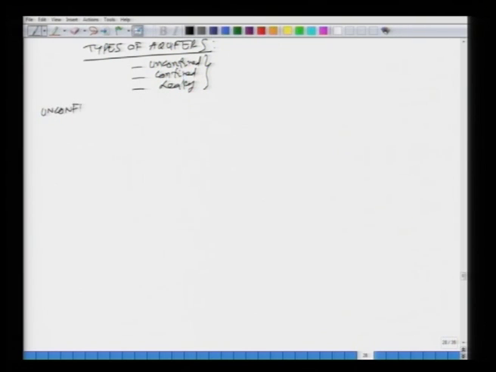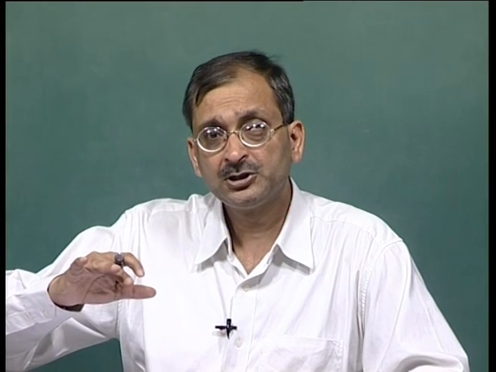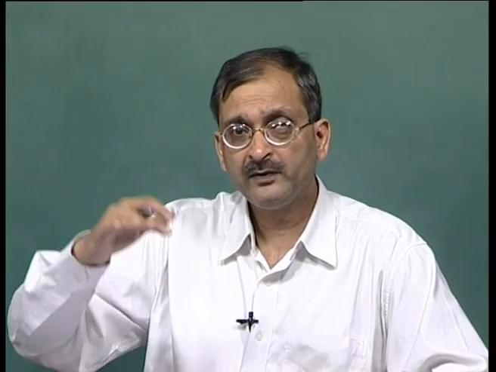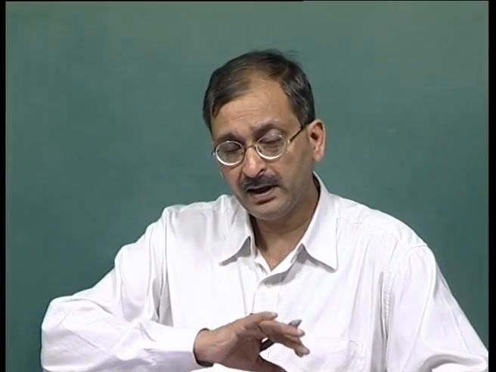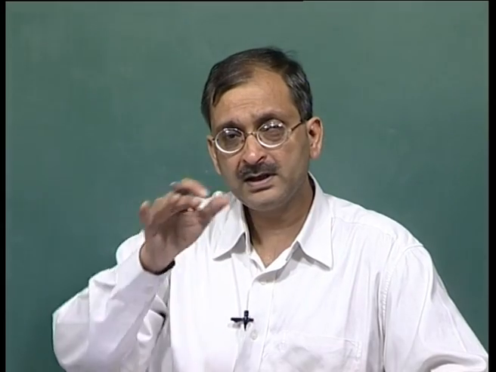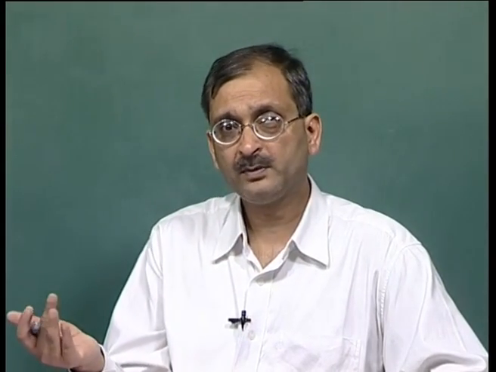I think you are probably aware of these things. What is an unconfined aquifer? It is one in which the groundwater table is free, not confined between confining layers. You have a bottom layer which is an impermeable layer, and then the water surface or groundwater table at atmospheric pressure, and these are mainly shallow in nature.